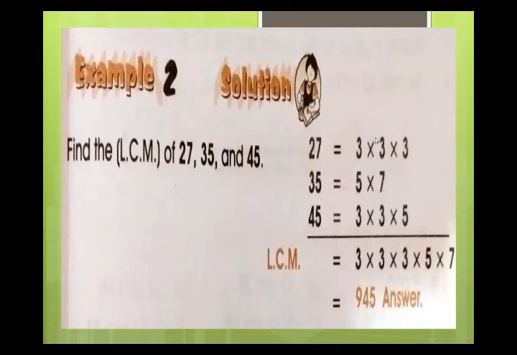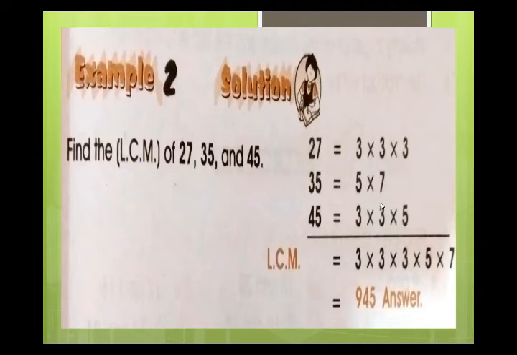For the second pair, we see that there is another common factor between 27 and 45, so you make a pair of these 3s and take 3 once. Now you see that there is just a single 3 left with no other pair, so you take this 3 as it is.